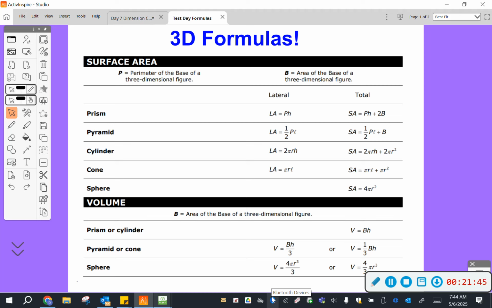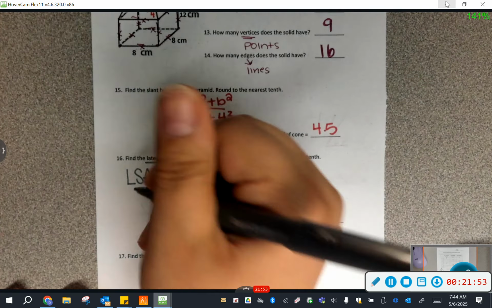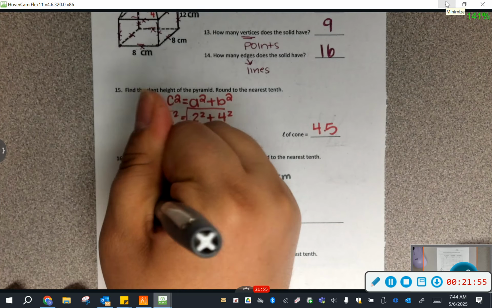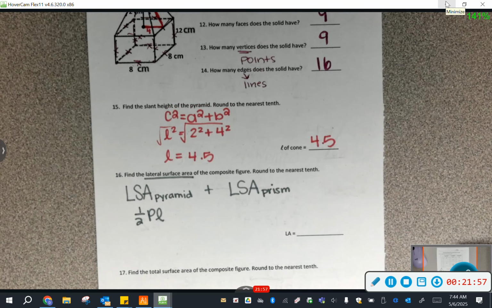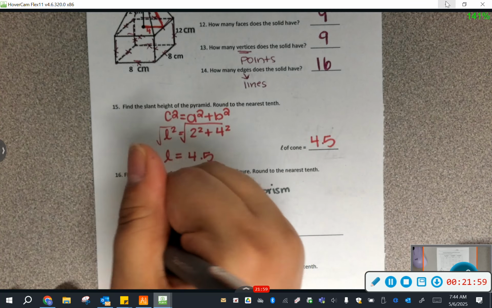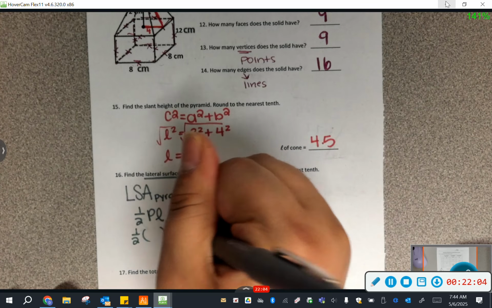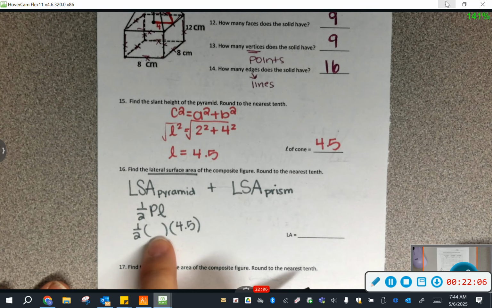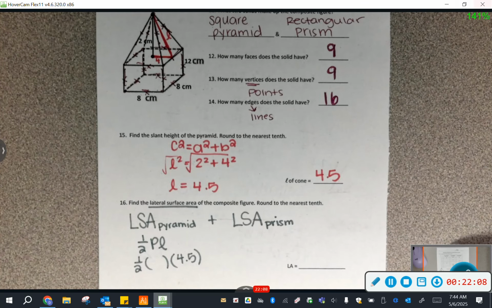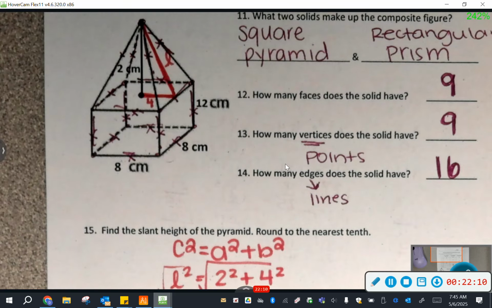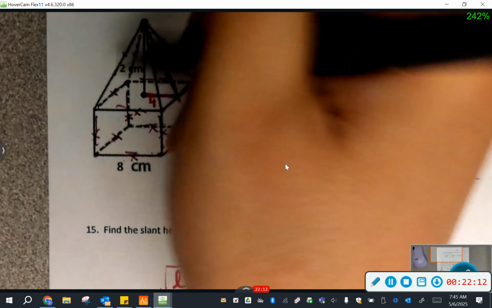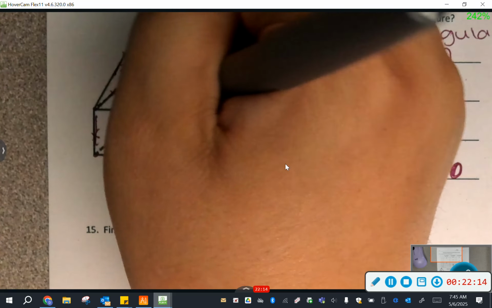What is my formula for lateral surface area of a pyramid? 1/2 PL. And didn't we already figure out the L was 4.5? How do I figure out my P? What does P stand for here? What is my perimeter of this base?